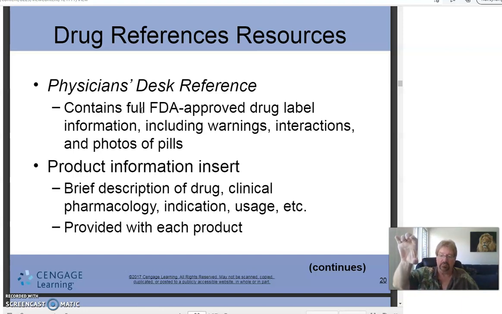It tells everything you want to know. You can look up any drug in there, any pharmaceutical. It also has plates with pictures, so if you have something you don't know what it is, you can whip through there. Of course, like I said, it's all on computer now, but you used to see this big old navy blue book about that thick. Product information insert: all these drugs have an insert with all the warnings and things in them.